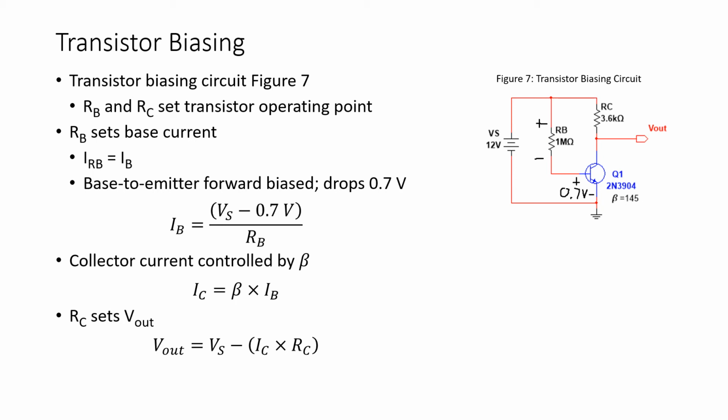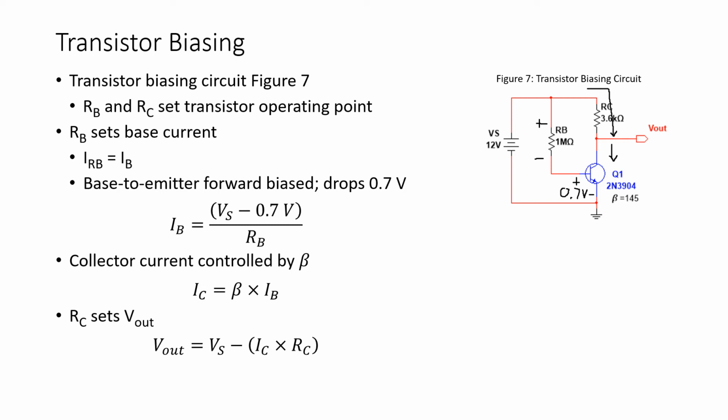Now, from the previous slides, we were told that the collector current is amplified or multiplied times beta. So the collector current, the current that flows down through the collector, is going to be a multiple of the base current. And of course, whatever current flows through the collector resistor has to continue on through the collector.